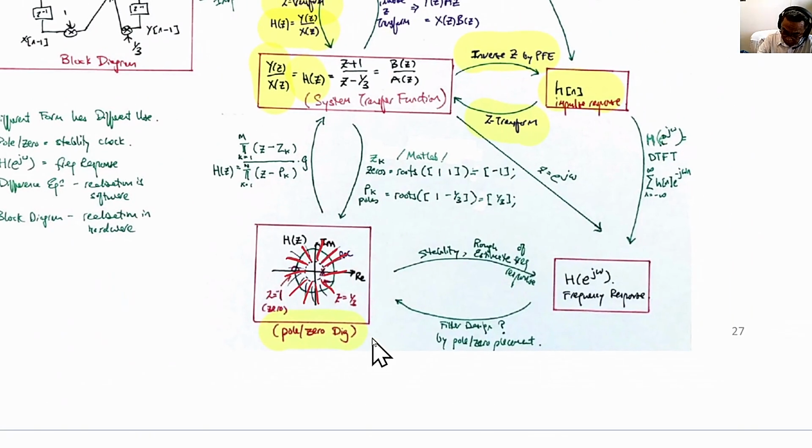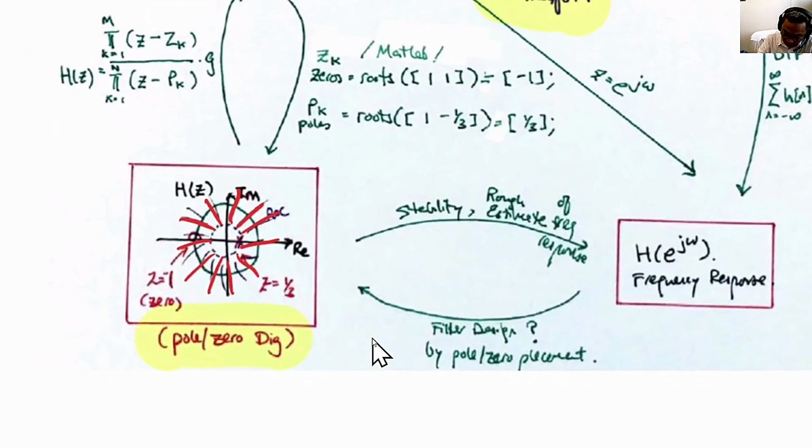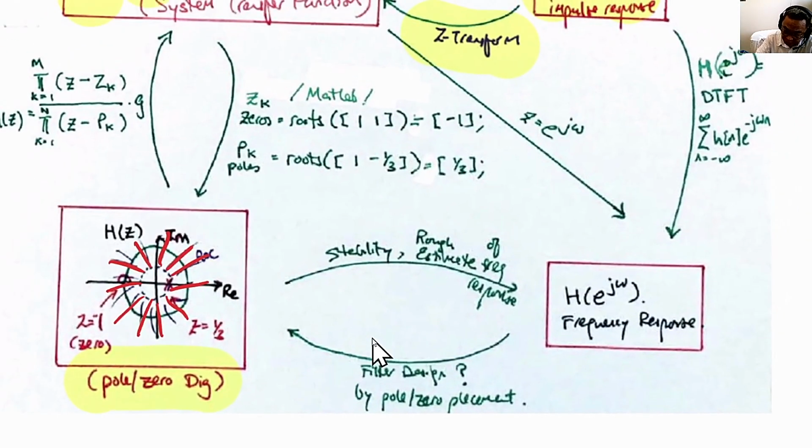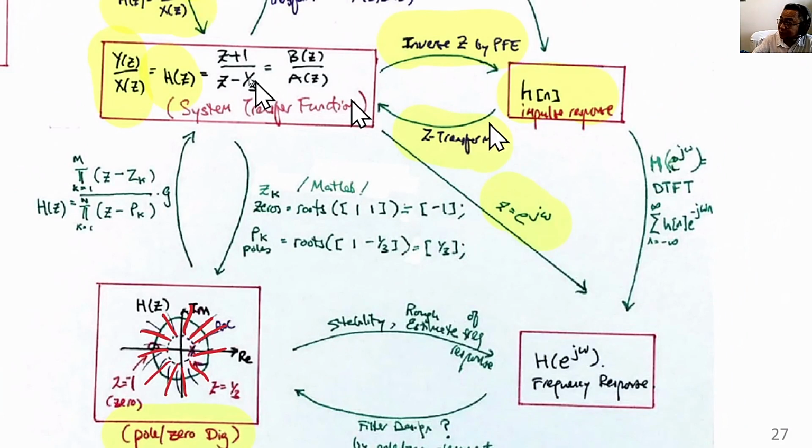Now, in the next stack of slides, where we go into the discrete time Fourier transform, you'll realize that once we are given H of z, we can substitute z equals to e to the j omega and change H of z into H of e to the j omega, implying that we are evaluating the transfer function on e to the j omega.